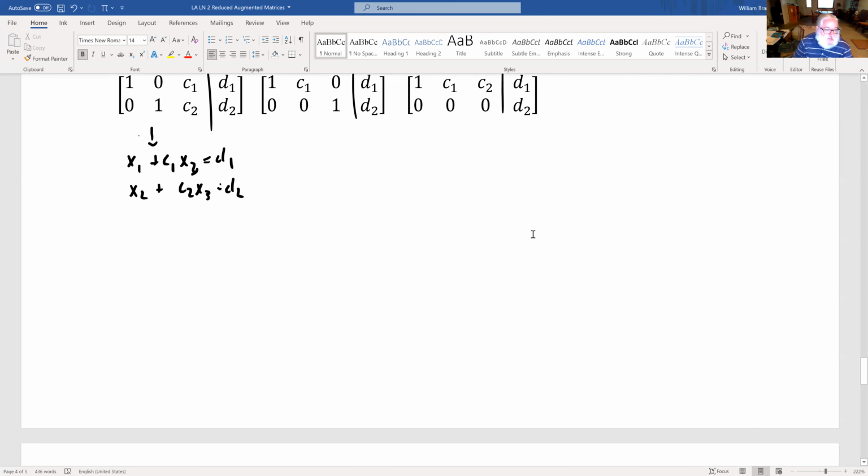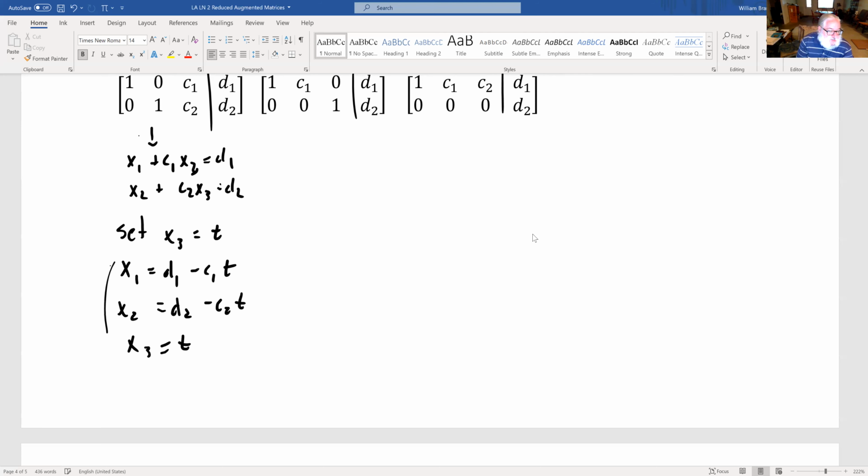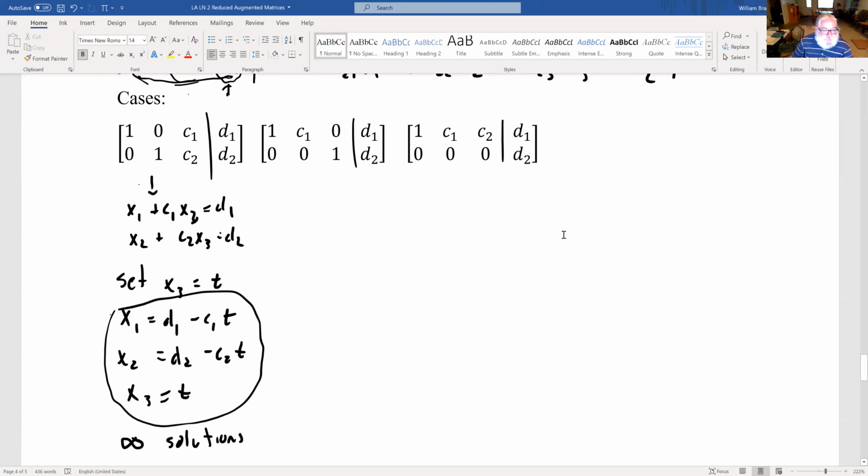And that can be rewritten where we make X3 equal to a parameter T, and then X1 equals D1 minus C1 T, X2 equals D2 minus C2 T, X3 equals T. So every choice of T gives you solutions, and we have infinitely many solutions. And it doesn't matter what D1 and D2 are.